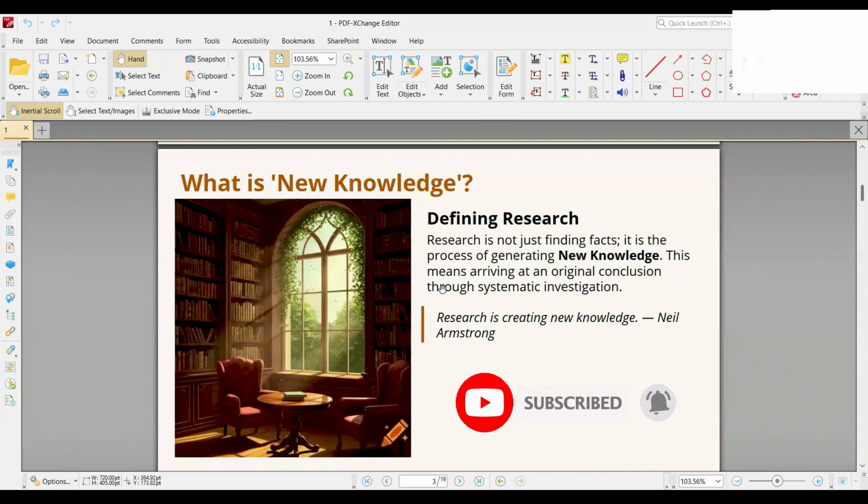Neil Armstrong's famous quote is there, that is, research is creating new knowledge. So up to this level: defining research, generating new knowledge, creating new knowledge, search for knowledge.